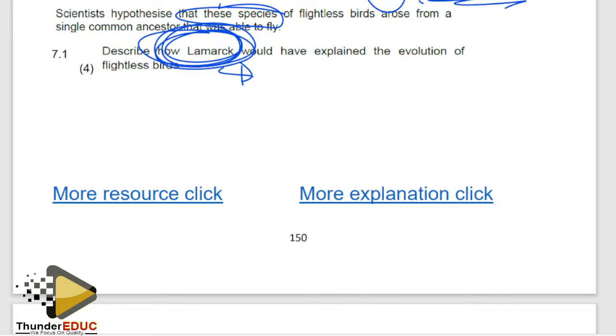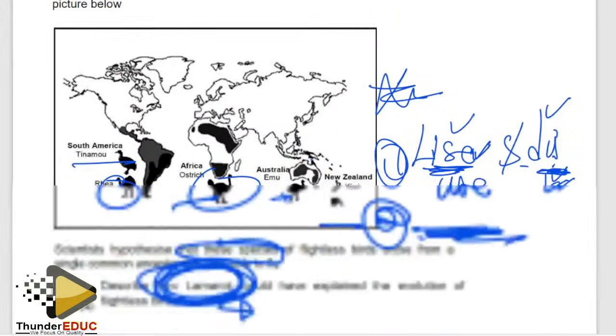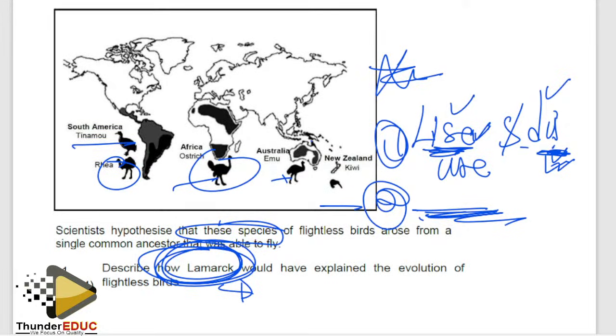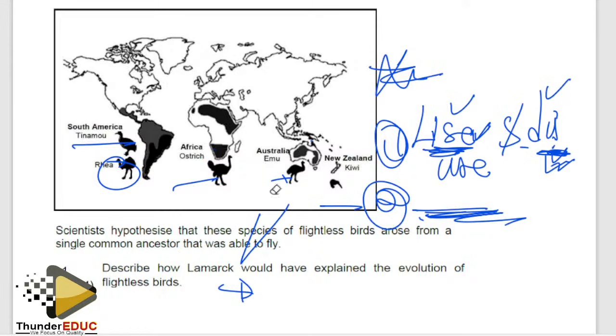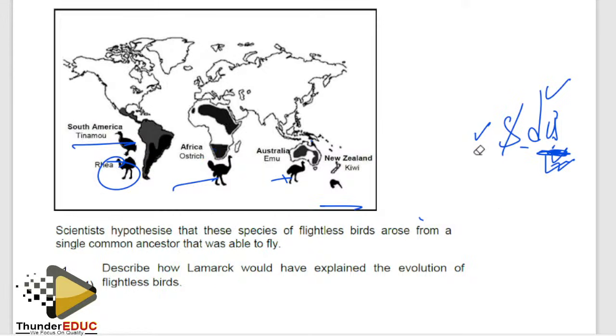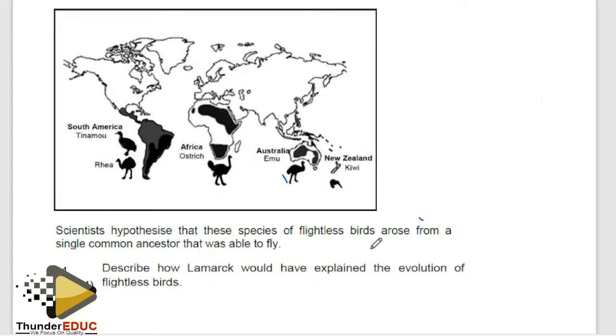Is it the same question? Okay, it's the same thing, ne? Let me use Darwin's theory to explain this, guys. And I also link to what you are asking me. Describe how Darwin would have explained this.